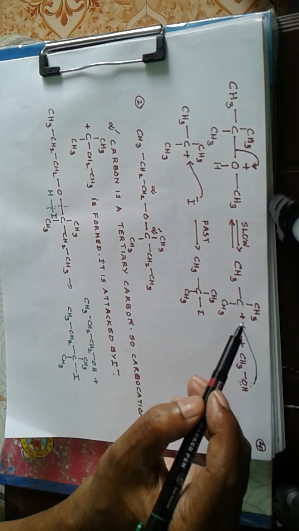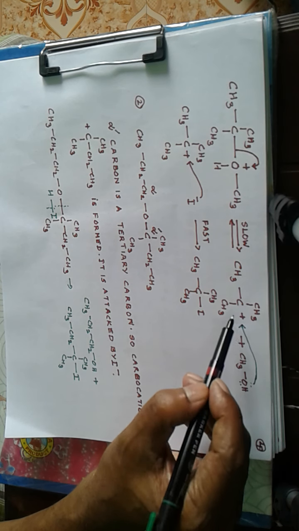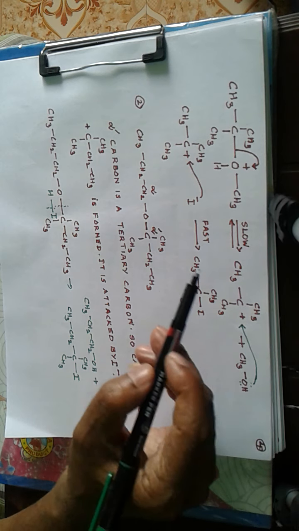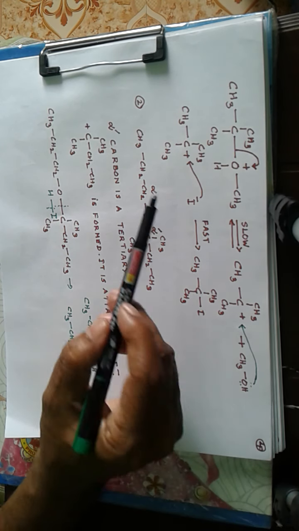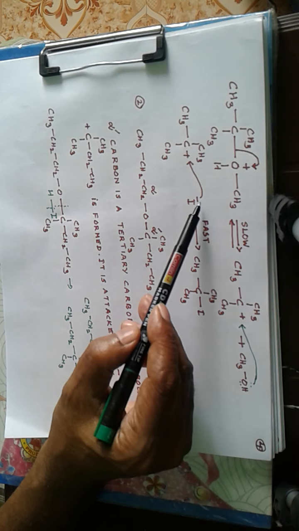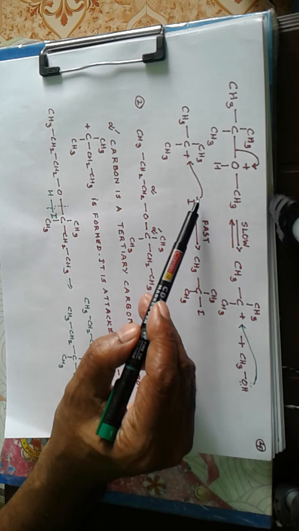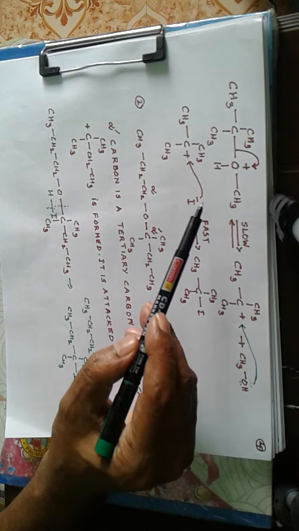So it is reversible. Now this carbocation will be attacked by I minus, which is a good nucleophile, and this positive carbon can easily polarize the large anion.